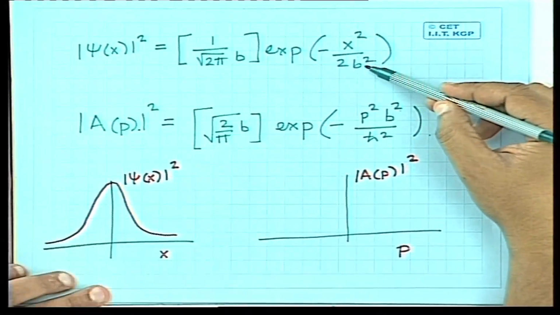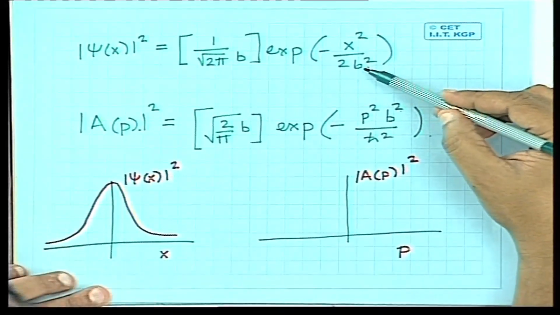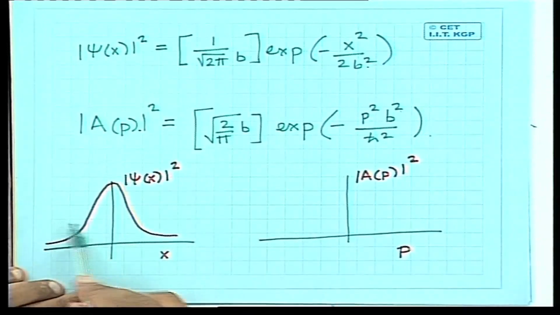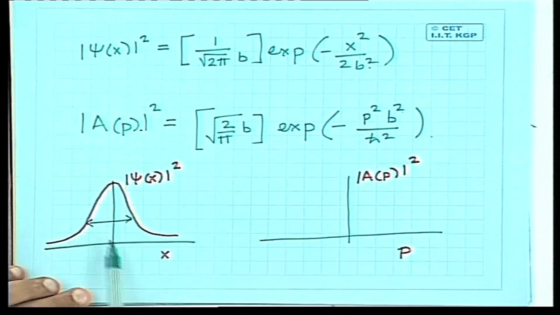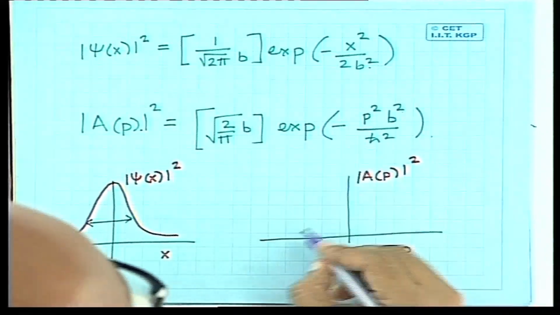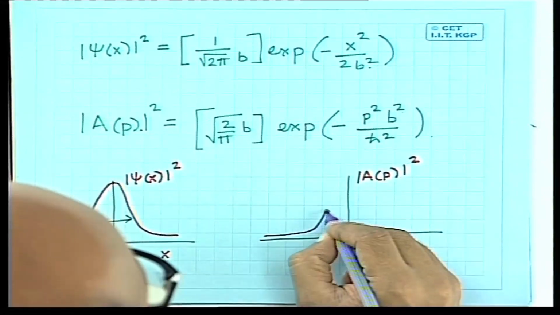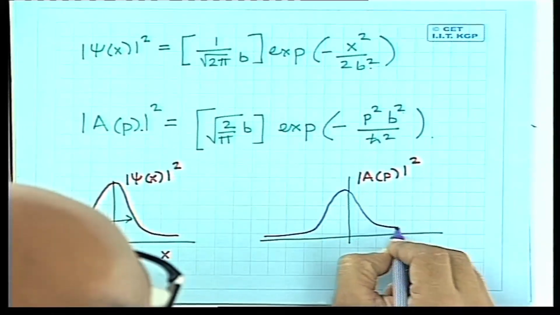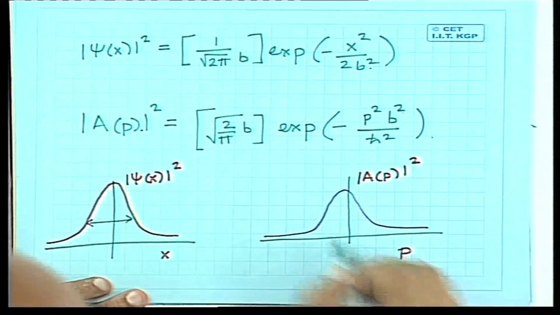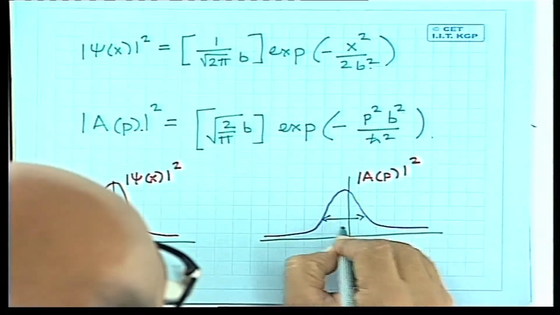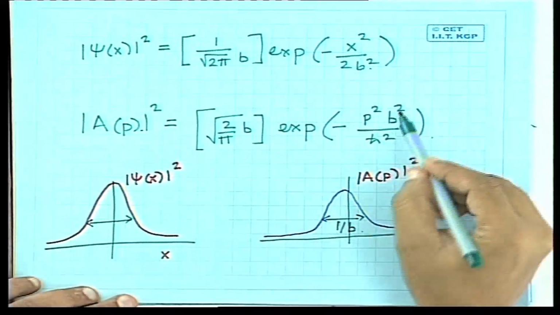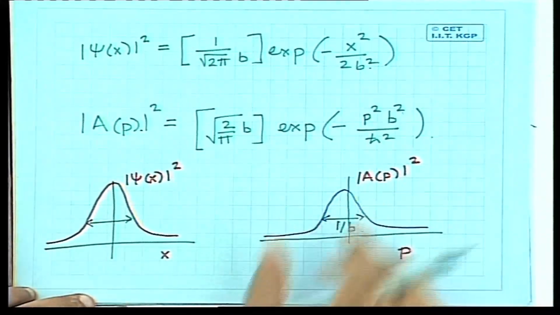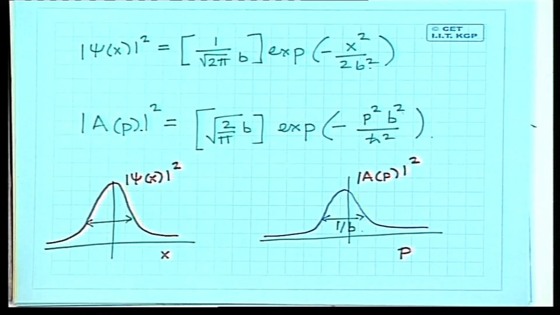The b appears in the denominator here, so the larger the value of b, the wider is the Gaussian, the wider is the distribution. Larger the value of b, the wider is the distribution in space. But for the momentum, the width is defined by 1 by b. So the larger the value of b, the narrower is the distribution in momentum.